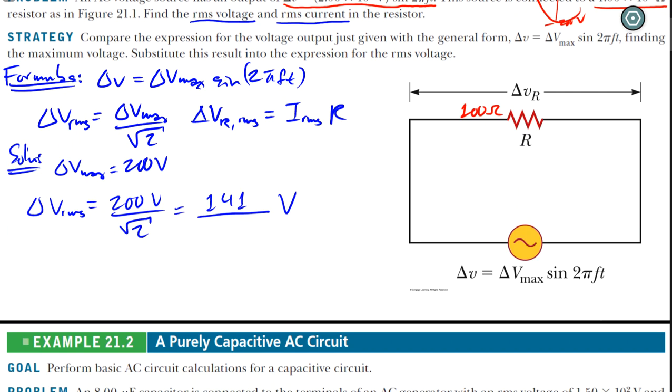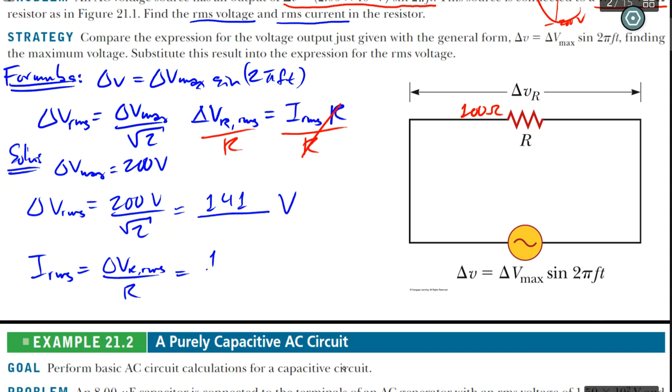And then from there, I'm going to use good old Ohm's law to solve for the RMS current. Now what I need to do for this formula is divide both sides by R, boom. I forgot to write that R somewhere. So this is 141 RMS voltage divided by 100 ohms. That's pretty easy.